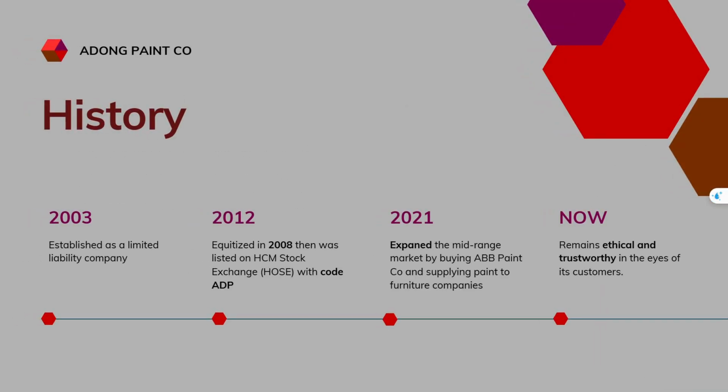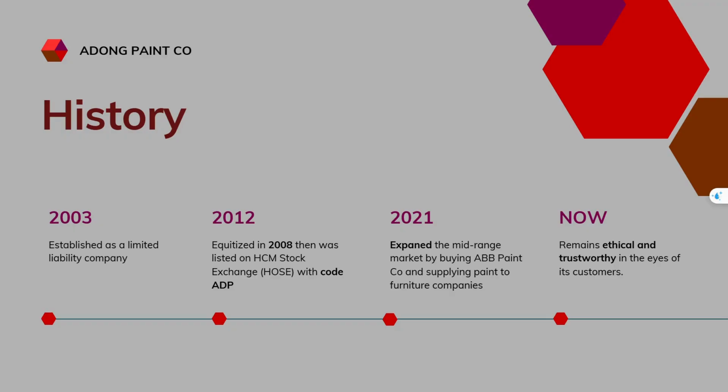So next, we talk more about its history. The first one, in 2003, it was established as a limited liability company. Then in 2008 it was equitized, and in 2012 it was listed on the Ho Chi Minh Stock Exchange (HOSE) with code ADP.